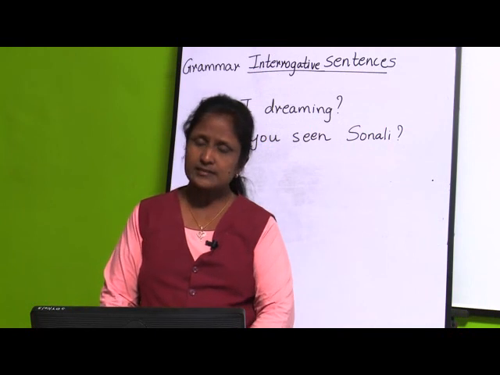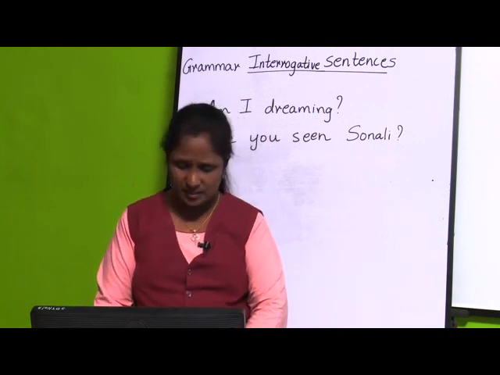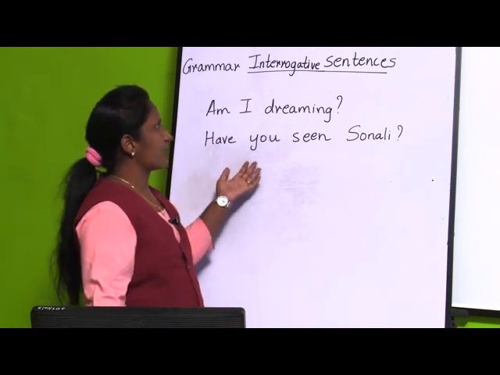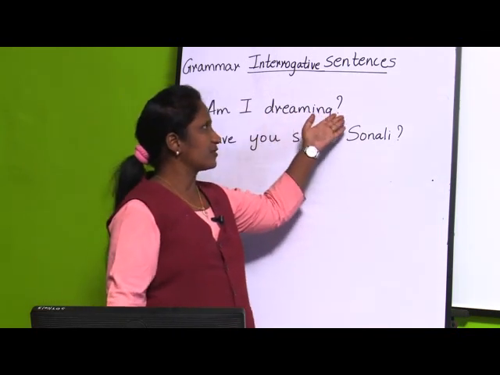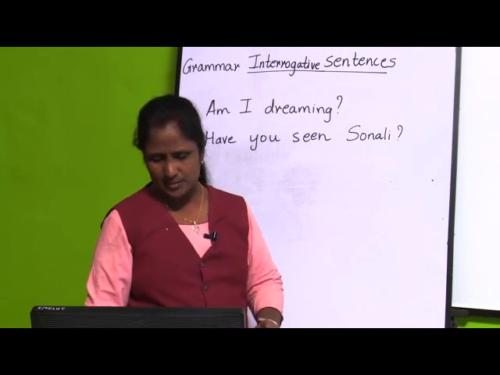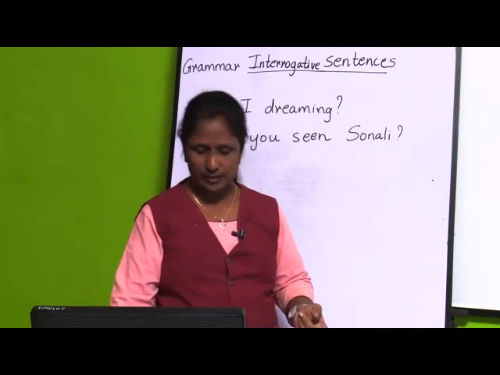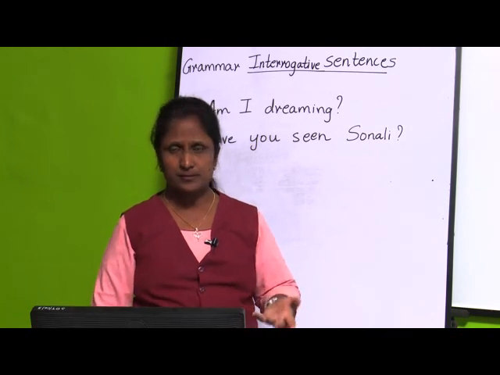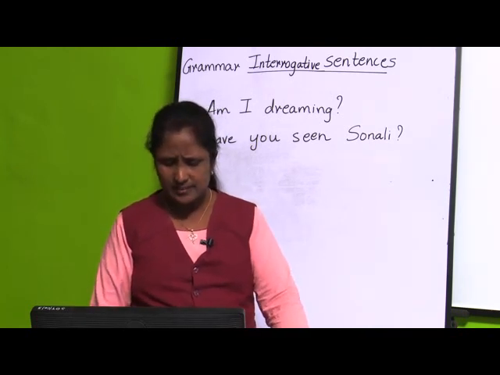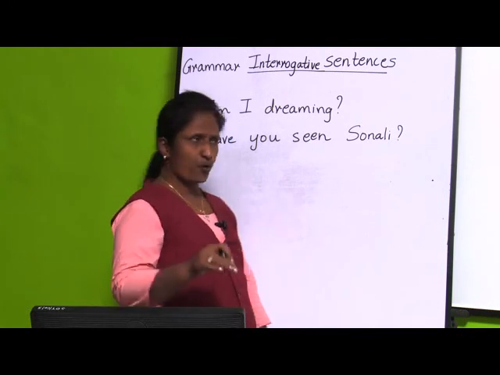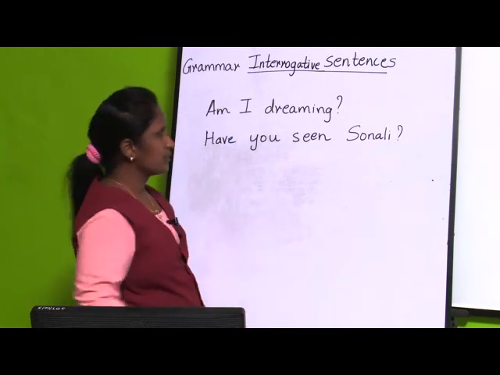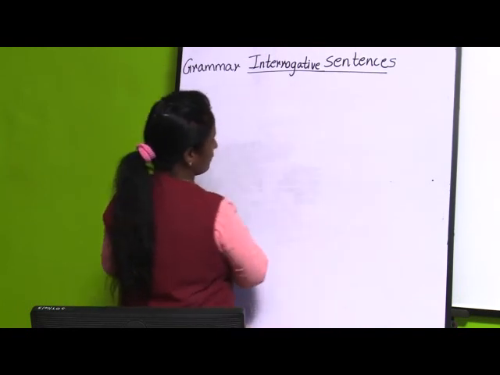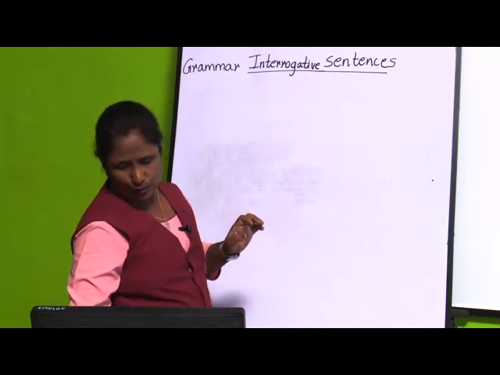Because these sentences are asking questions and they have question marks at the end. That is why they are called interrogative sentences. Now we will see how we are going to make interrogative sentences. If you take the be form of verbs, that is am, is, are, was, were, then how are you going to form them?